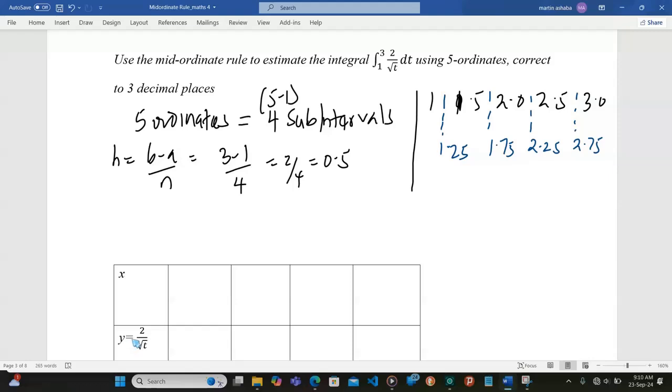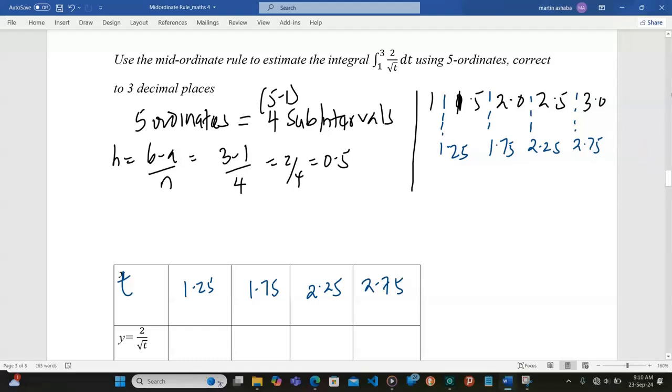So those are the x ordinates that we are going to use to estimate the value of the function f of x, y equals 2 over root of t. Since here we are using t, we shall replace x with t. So the values of t are going to be 1.25, 1.75, 2.25, and 2.75.